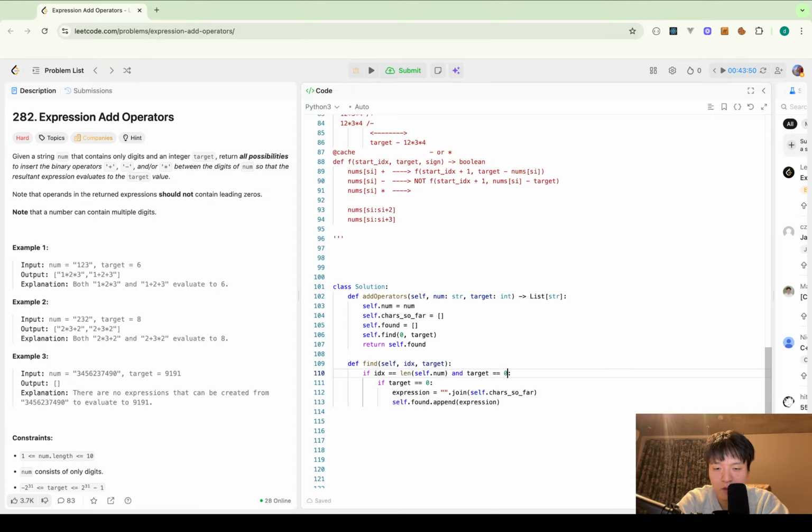Let me change a bit. Otherwise, if index is equal to self.num, I can just return. Okay. Otherwise, from here, try to create the target.